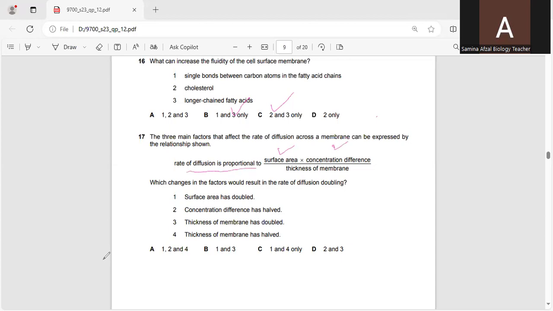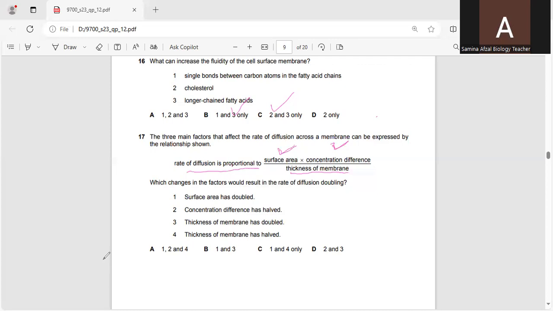Rate of diffusion will increase when the surface area increases. Concentration difference will also increase it, but it will decrease when the thickness of the membrane increases. So it is directly proportional to surface area and concentration difference, and inversely proportional to thickness of membrane. So which changes in the factors would result in the rate of diffusion doubling?